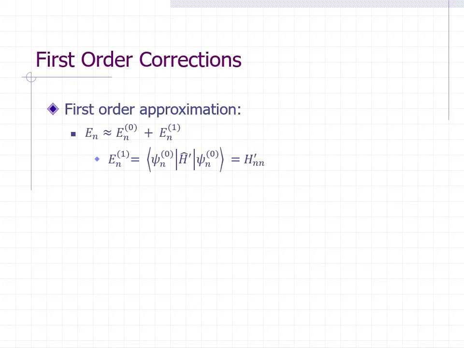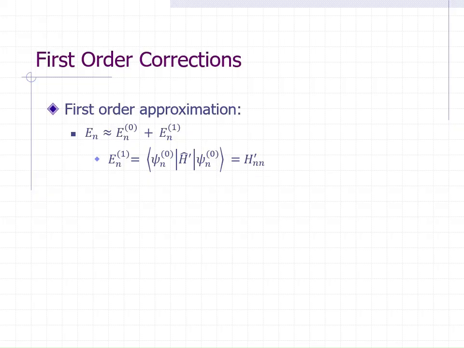Here, in Dirac notation, we see H prime applied on the zero-order wave function for quantum state n multiplied by the complex conjugate of the same function, then integrated over all space. If we imagine organizing all integrals like this into a matrix, then we can refer to this integral as matrix element H prime n n.